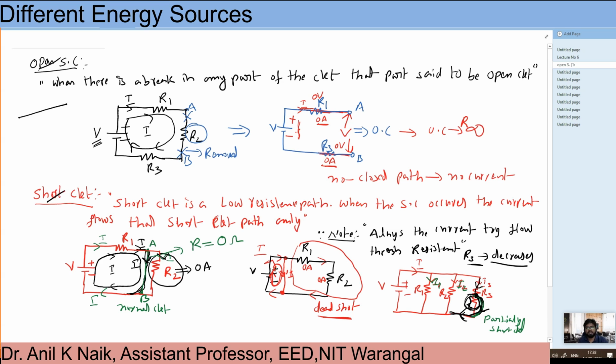If you have three transmission lines going like this and suddenly a short circuit occurs, then what is the condition of my fault current and what could be the consequences? Those concepts we need to understand, and for that you need to go for the concept called open circuit and short circuit.